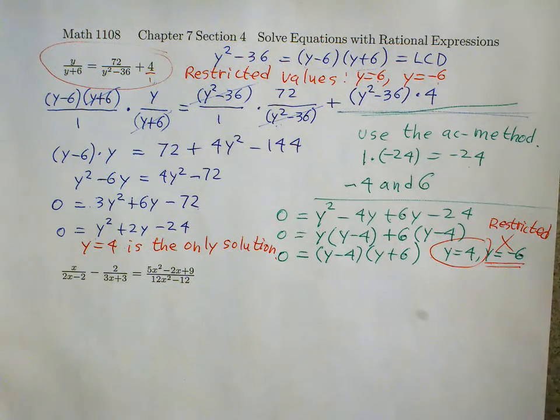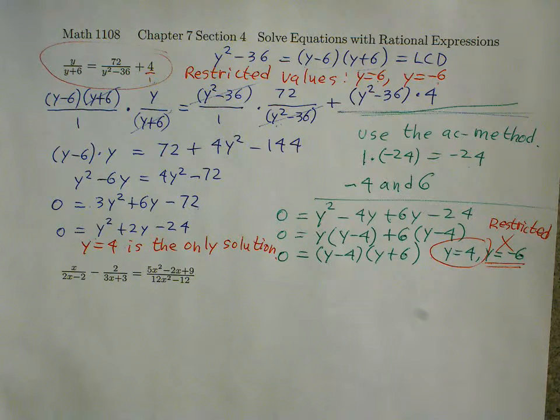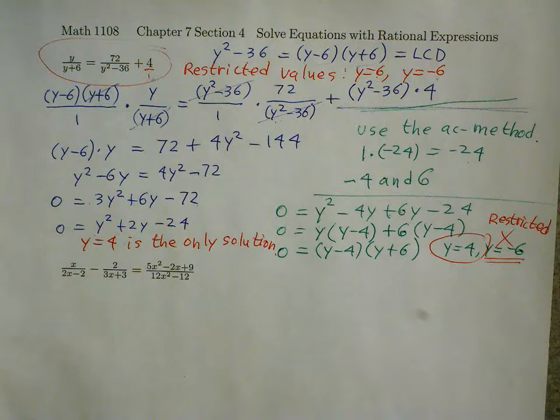So yes, the restricted values are determined by the least common denominator. But if the least common denominator is just a non-zero number, then in those cases, there aren't restricted values.